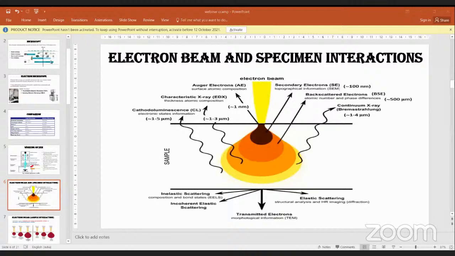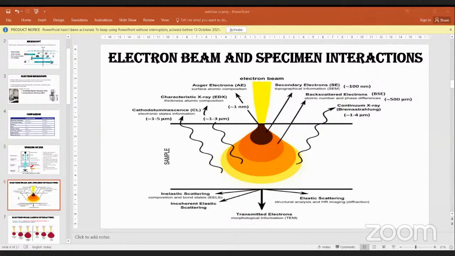So, we are discussing the working of SEM. The electron gun is the source of electrons. The electrons are generated at the top of the column. This whole part is the column.